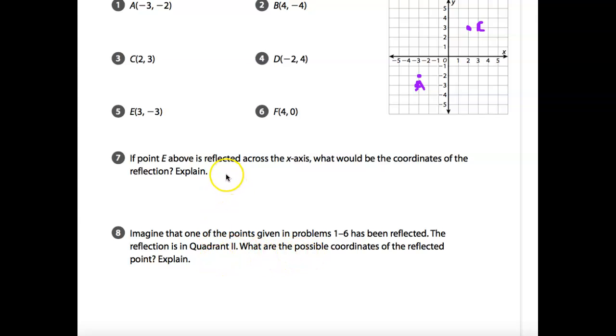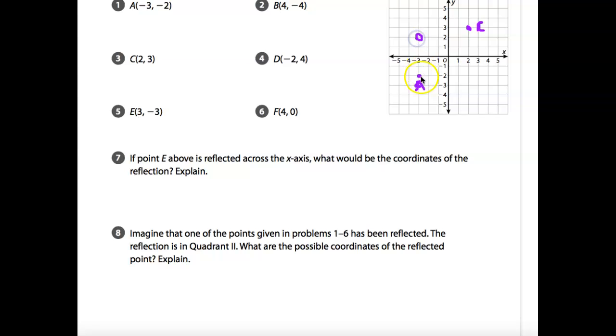Point A is at (-3, -2). So to reflect it, we have to go -3, but up 2. Okay, so it would be here.